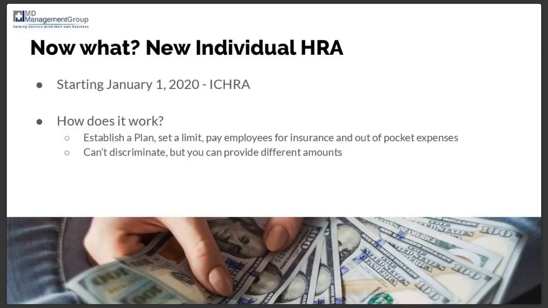And for single employees, those not married or without children or at a certain age, they get $8,000. But those with a spouse and or children or a family, they're going to get $12,000. You can do that. However, like I said before, the whole family has to be covered by that individual plan. So they have to have a plan and show that they have the plan, and then they can be in the ICHRA plan, and you can pay for that.